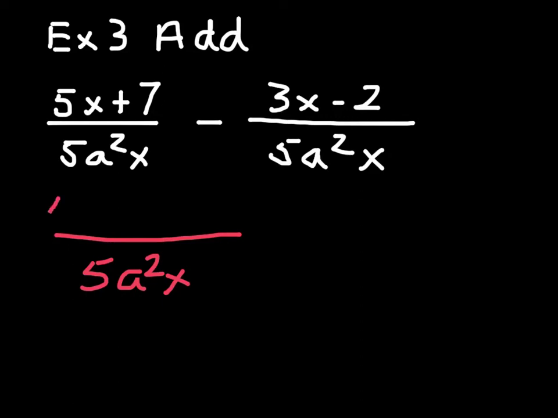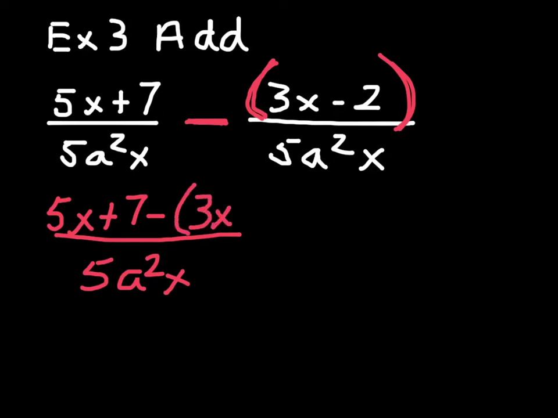So you're going to take 5x plus 7. Now what are we subtracting here? Am I subtracting 3x or am I subtracting this whole value? And the answer to this is you're subtracting this whole value. So it's minus, and to emphasize I'm subtracting that whole value, I'm going to put it in parentheses.